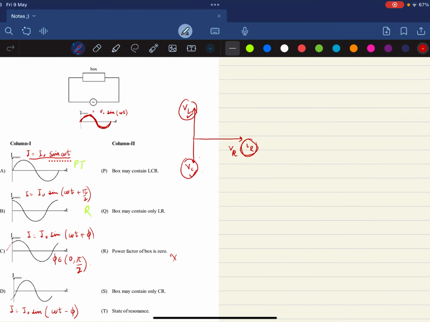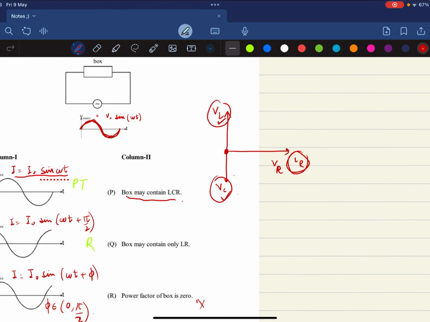Let's see if the box may contain LCR. So if the box contains LCR, say the voltage across inductor is more than capacitor, so this will be the VL.